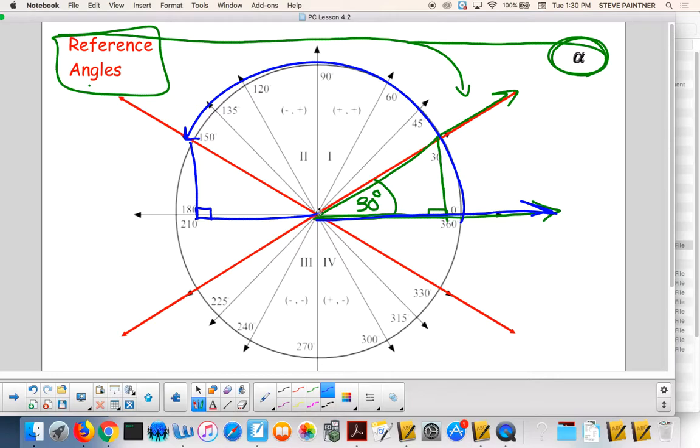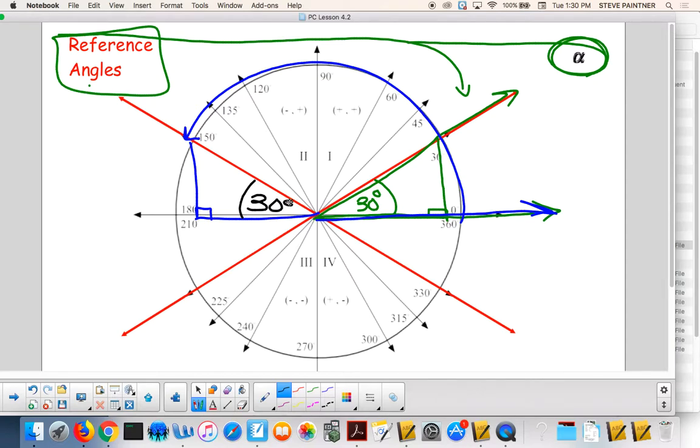Up there down to the 180. This one? Yeah, this one. Yes. Okay. He says this is the reference. Is he right? Yes. And what is that? 30 degrees.